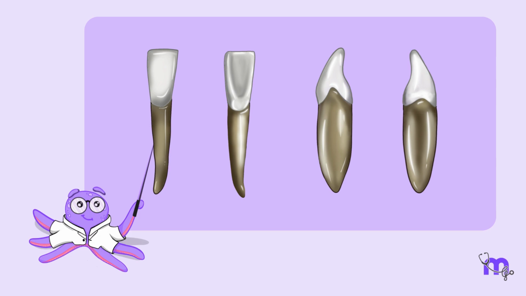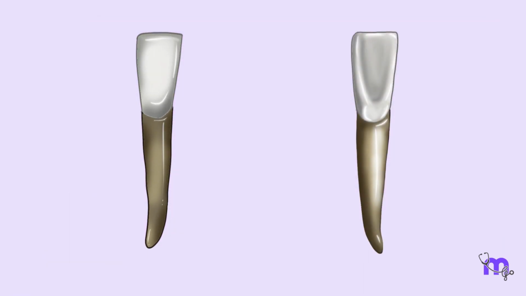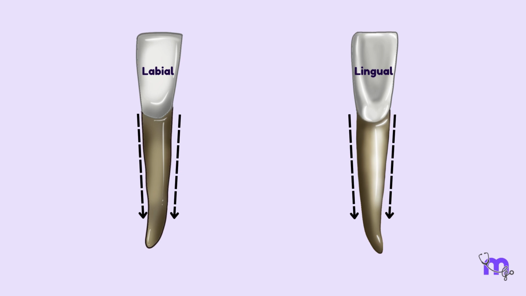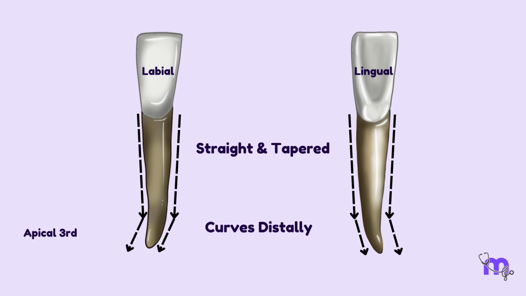The mandibular central incisors consist of a single root. When viewed from the labial or lingual aspect, the mesial and distal outlines of the root are straight and taper evenly to the apical portion. In most cases, the root curves distally at the apical third.